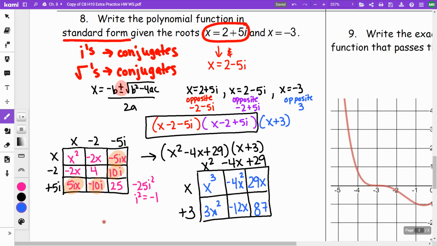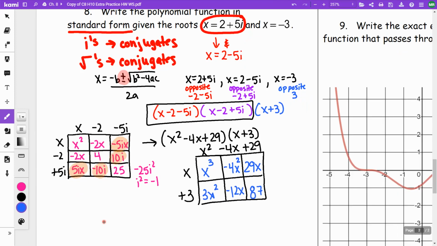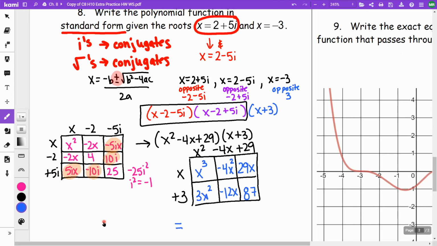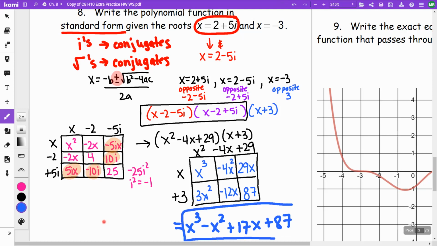And then I'm going to combine like terms. And when I combine like terms, my final answer is going to be x to the third minus x squared plus 17x plus 87. And that's my answer in standard form.